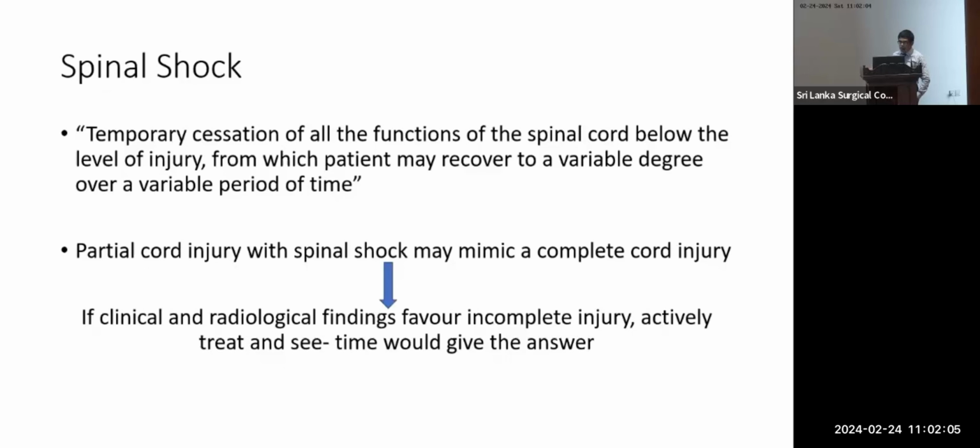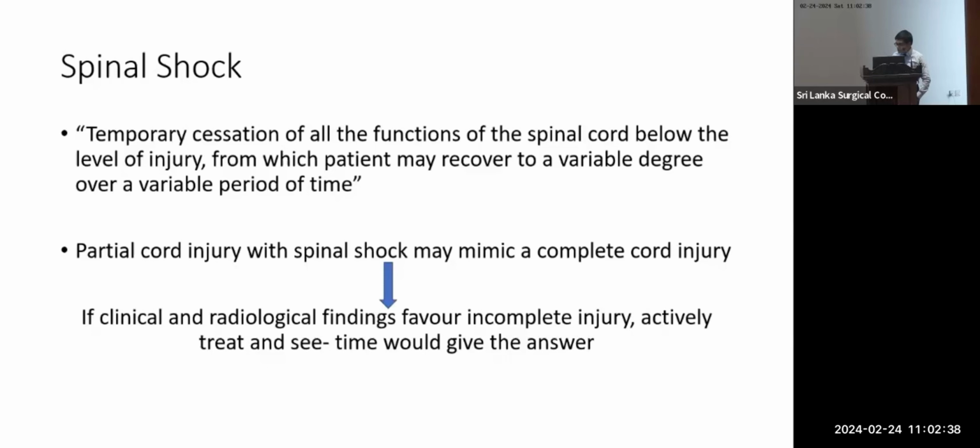Not only sensory, not only motor, not only sphincter. All the functions will be gone below the level of injury. And recovery is variable. It varies from patient to patient. What percentage will recover? How long will it take? It's all variable. How much will recover will depend on several factors, which we will be discussing under prognostic factors.